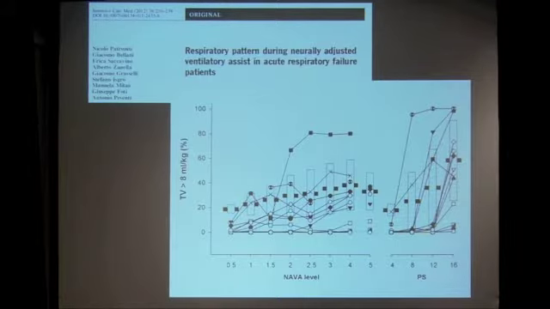I have another slide on the next speech about ECMO with compliance, but in this group of patients, what I can tell you is that the higher the baseline EDI, the higher the change in response to increasing the NAVA level.